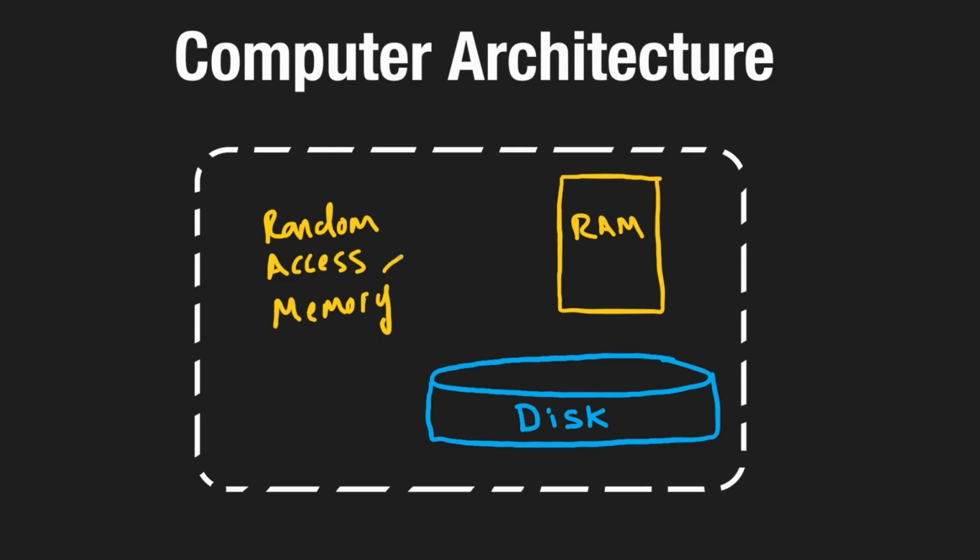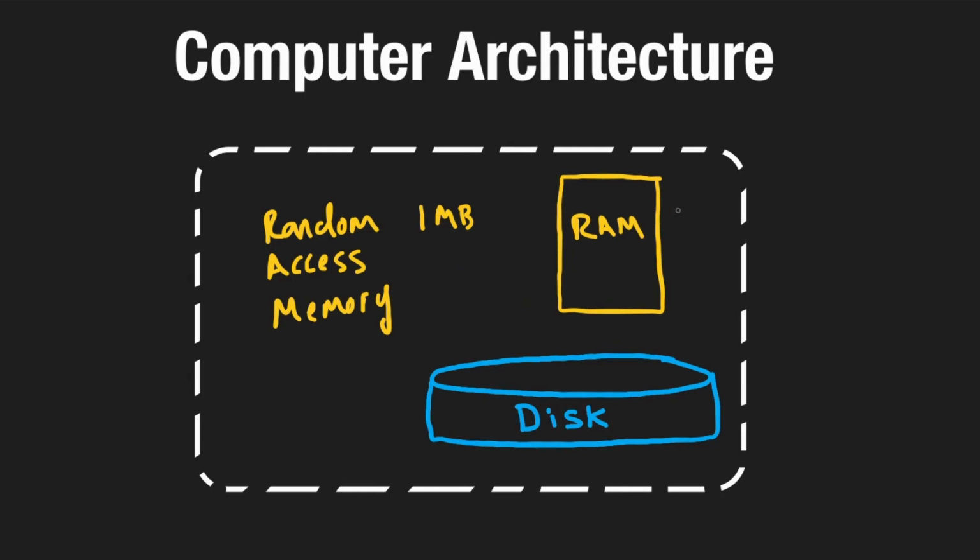If we're going to be writing data to our RAM, so for example, if we wanted to write a megabyte of data to our RAM, the amount of time it would take would be measured in terms of microseconds. So this is a Greek letter, which basically stands for micro. And micro basically means 10 to the power of negative 6, which is 1 divided by 10 to the power of 6. So a microsecond is a fraction of a second. It's 1/1,000,000th of a second, or a second divided by a million.